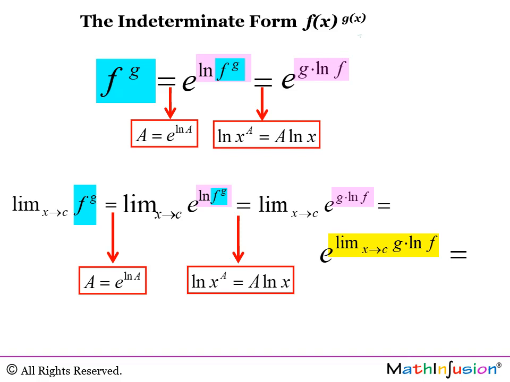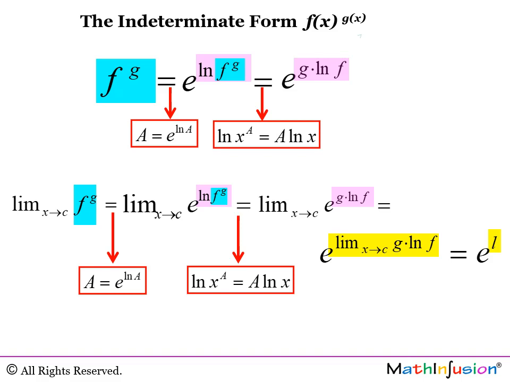So here I'm switching the place of the limit of x approaches c to be in the exponent of the e. And I get that this is e to the power of this limit. And if this limit is L, we get e to the L.